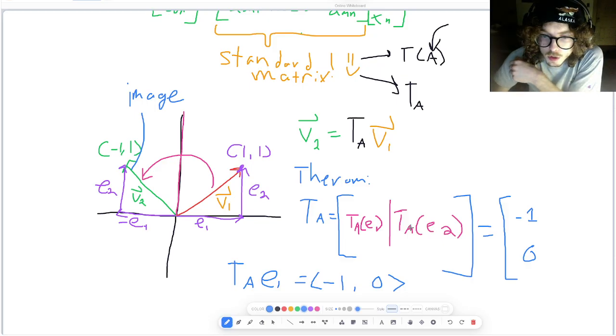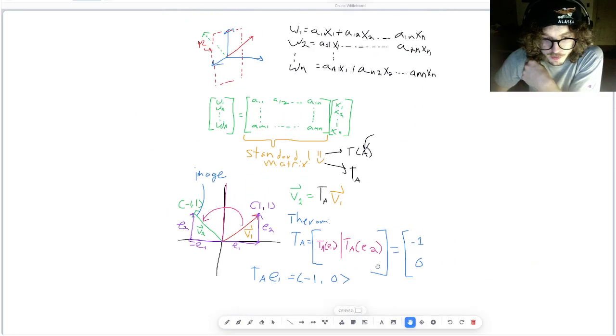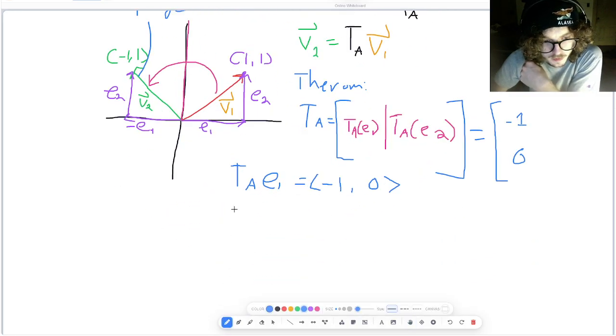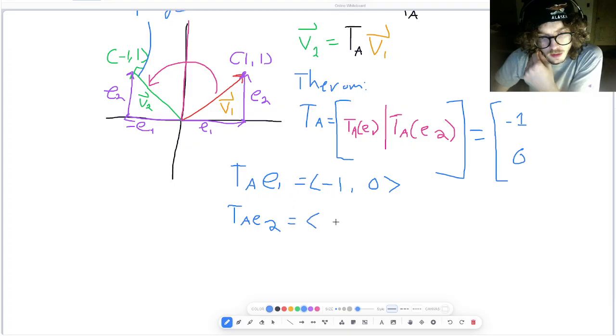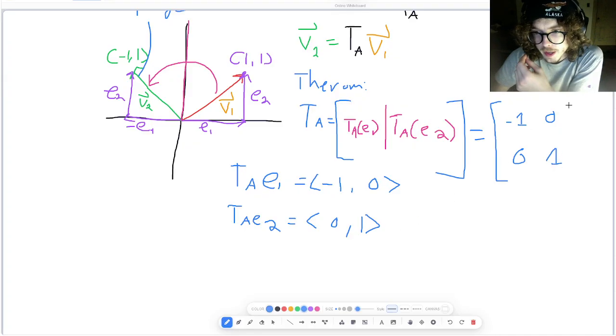And then we're going to augment this with E2, which, if we look, did not change, so T_A of E2 is 0, 1. So it didn't change, we're just going to put 0, 1.